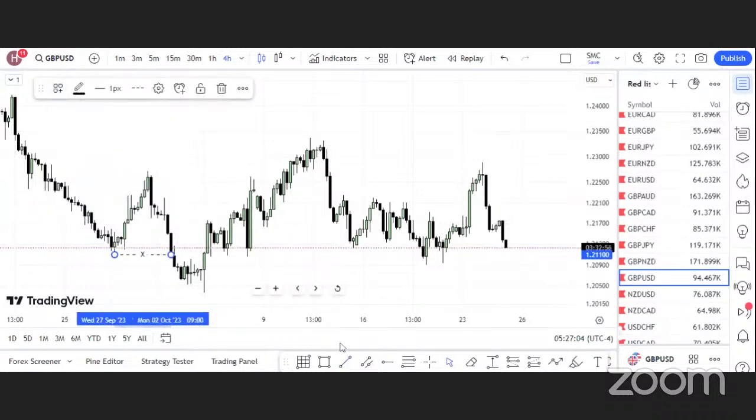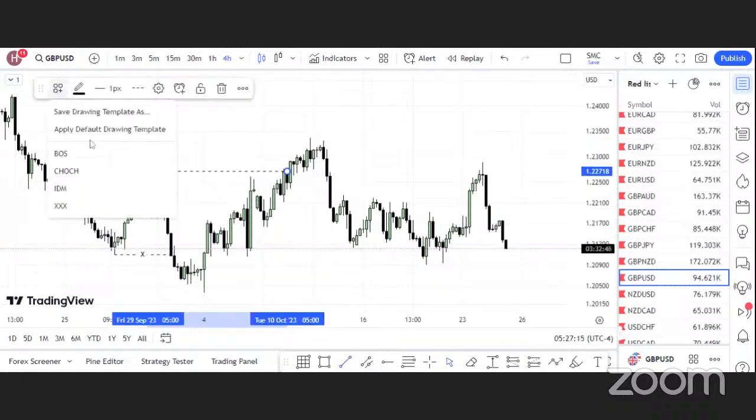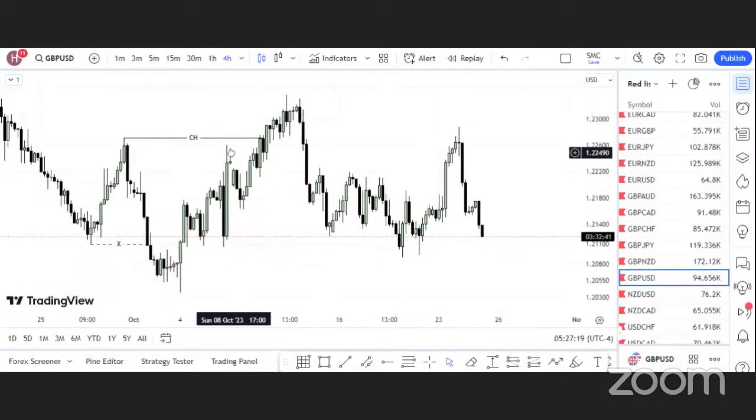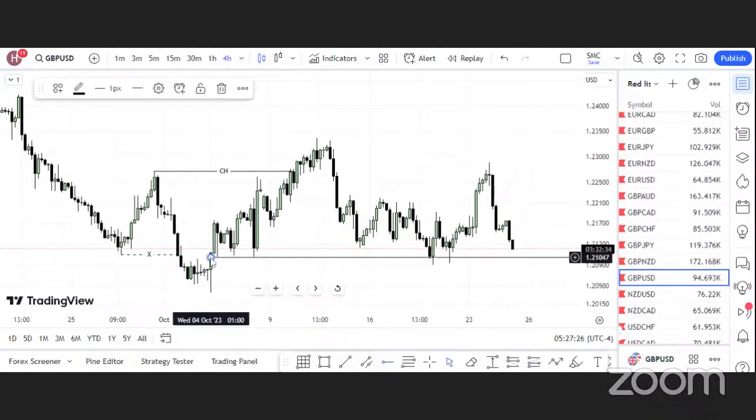Sorry, liquidity zone, and then we had this higher time frame change of character. This is the 4-hour time frame. So we had a higher time frame change of character around this area, and the market made a move from this fair value gap area.